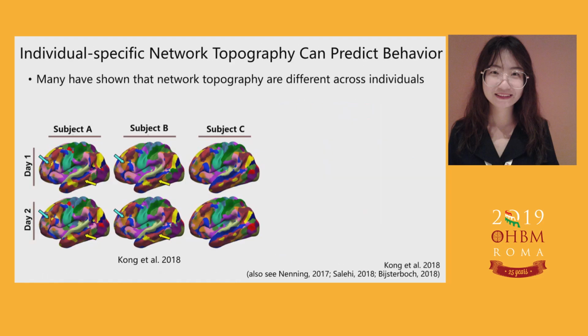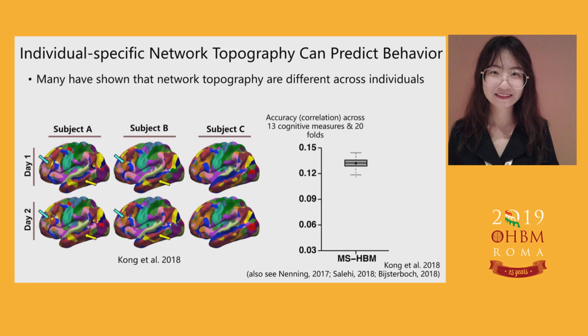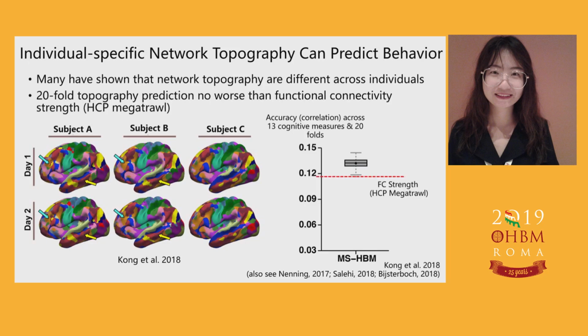As studies have shown that the network topography varies across subjects, we are thinking that maybe this can be used for behavior prediction. And indeed, this plot shows the prediction accuracy of certain cognitive measures using the network topography, and we can see that it can achieve a prediction accuracy around 0.13.